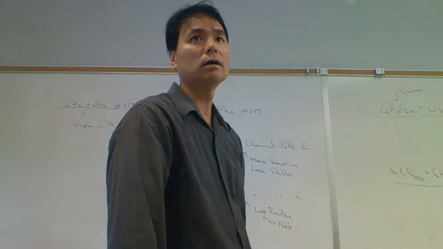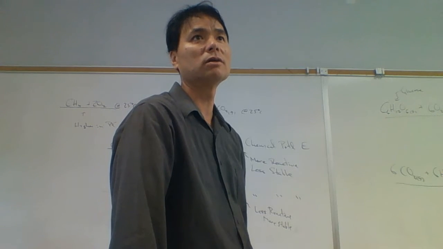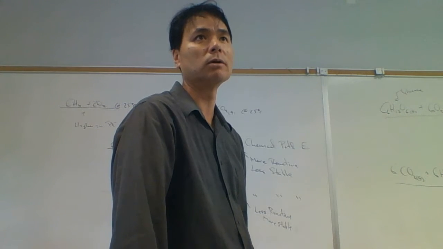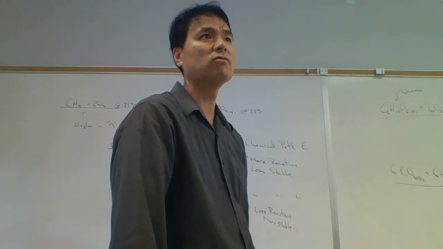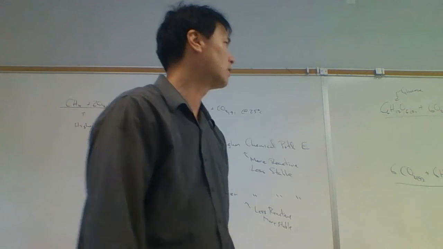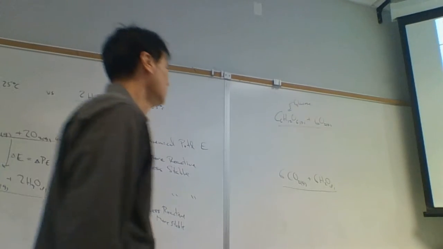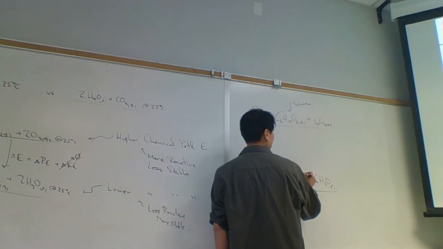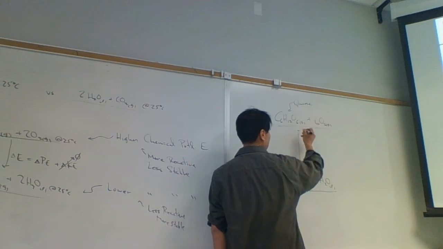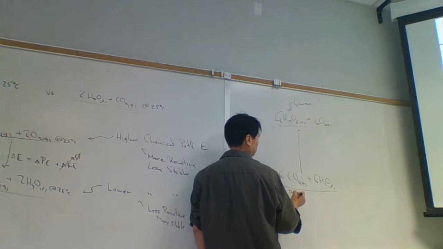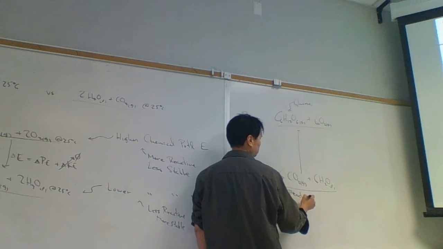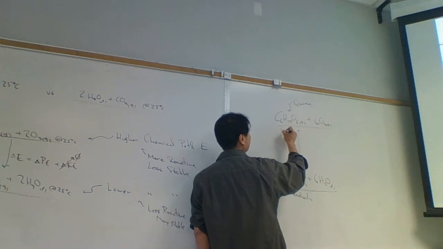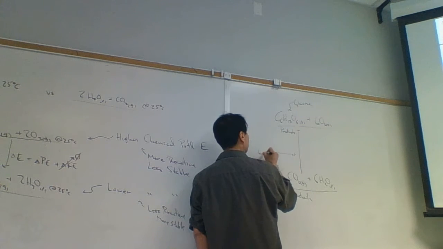Which one has a higher chemical potential energy? Well, sugar you can caramelize it, you can burn it, right? Catch on fire. And so that's going to have a higher chemical potential energy. And so in order for us to go from this, let's call this the reactants here, to the products here, we have to input energy.